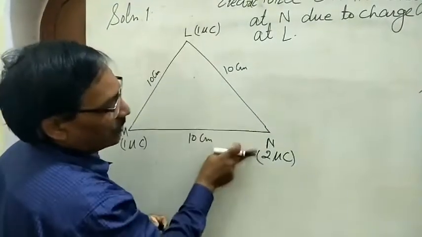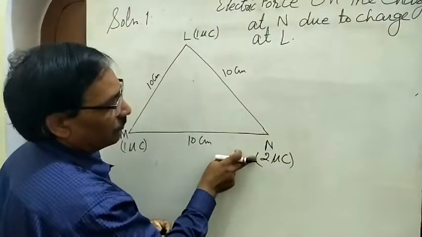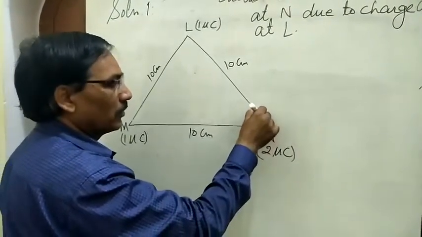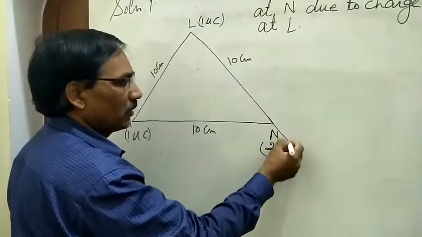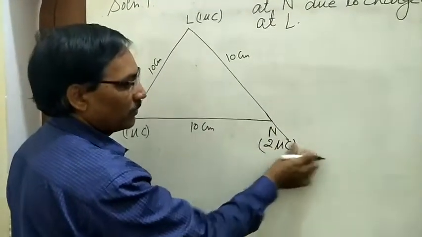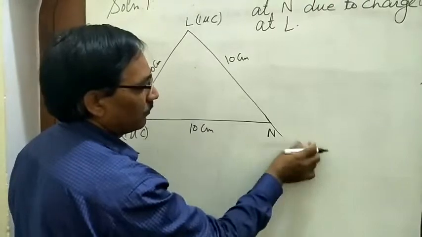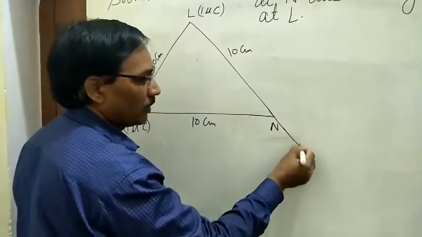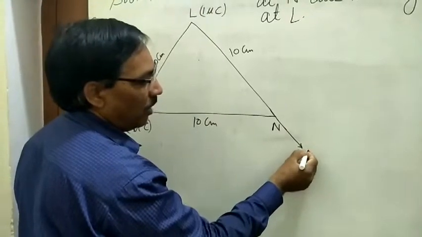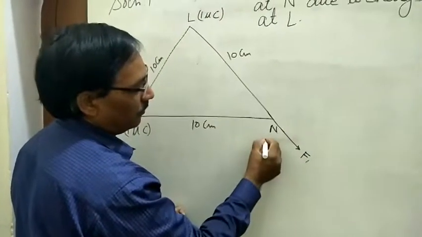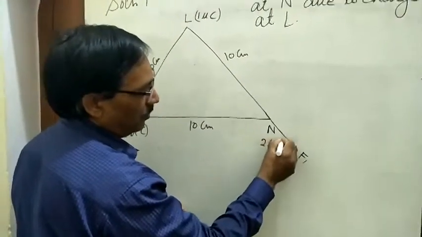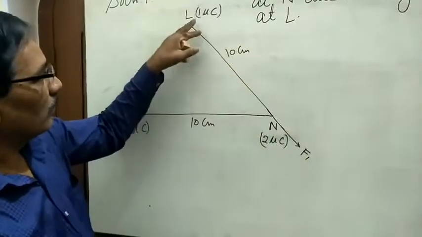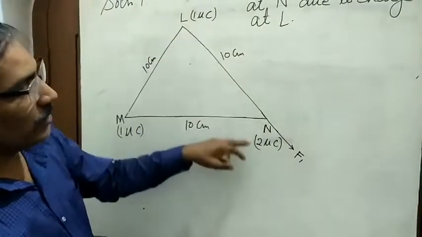This charge will repel this one. What will be the direction? The direction will be here, like this. Say this force is F1, the repulsive force between 1 microcoulomb and 2 microcoulomb.